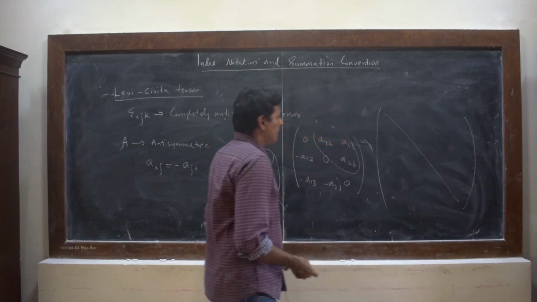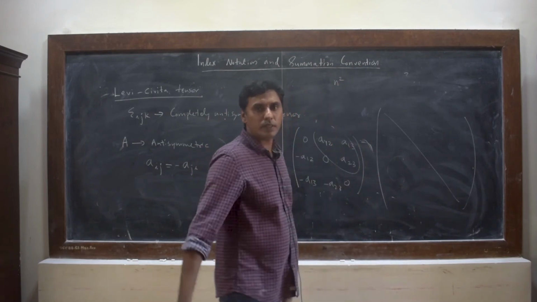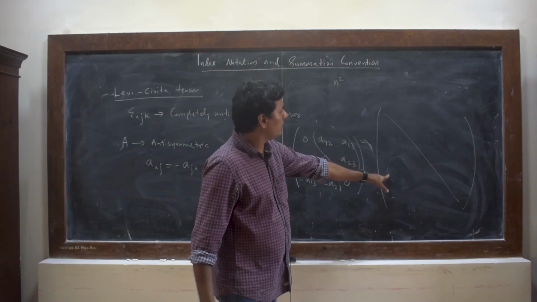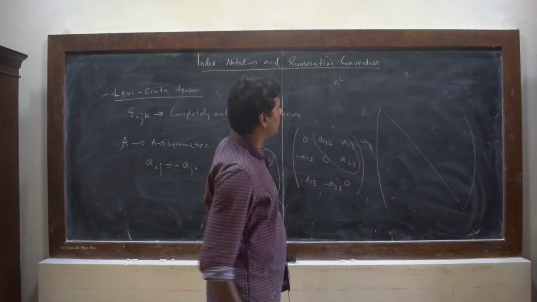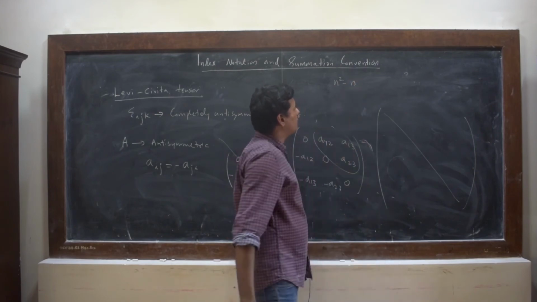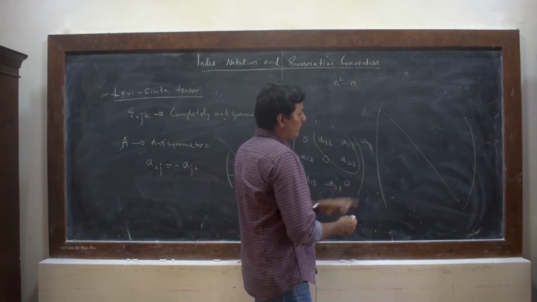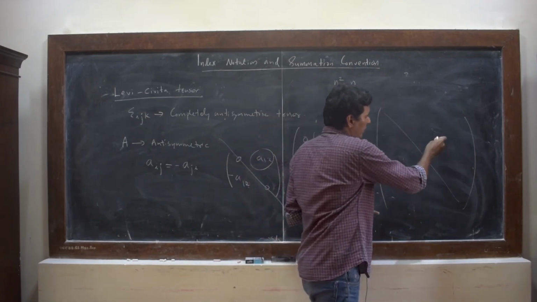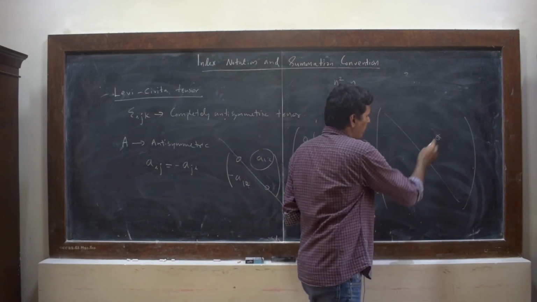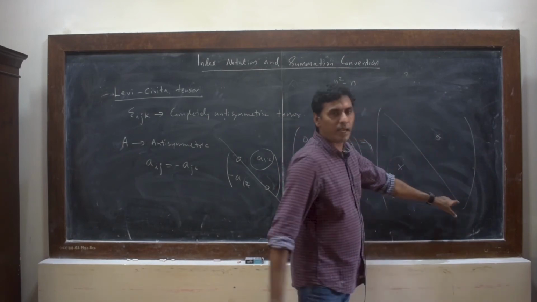So altogether how many elements do you have? You will have n square elements. If you subtract out the n diagonal elements, that will be n square minus n, and then what you get is the sum of the number of elements over the upper diagonal and the lower diagonal, excluding the diagonal elements.